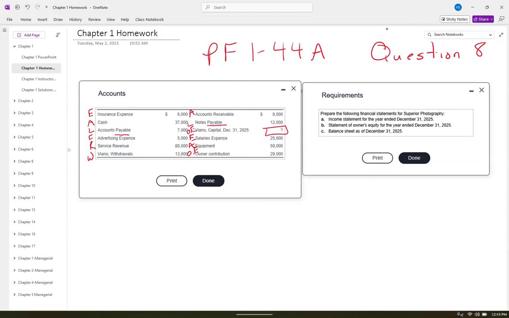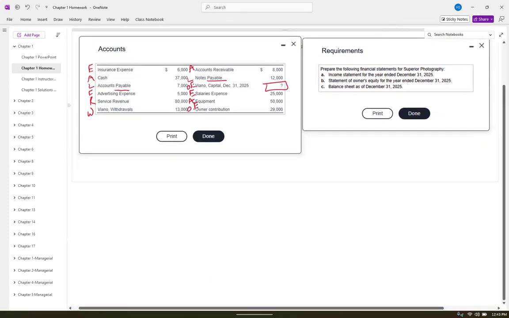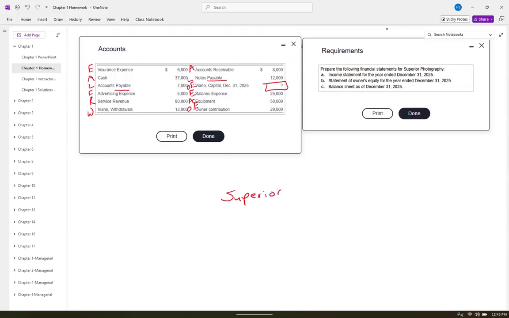Okay. So the name of this company is Superior Photography. So the first thing we're going to do is get a heading. Name of the company, Superior Photography. Name of the statement, income statement. It's the first one.